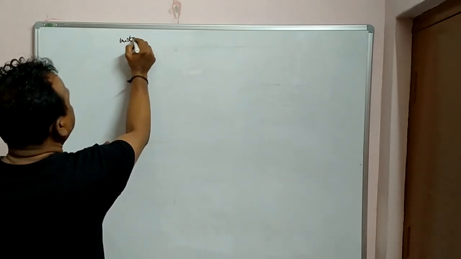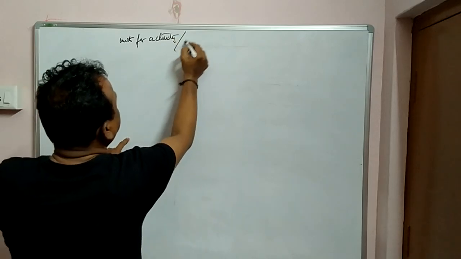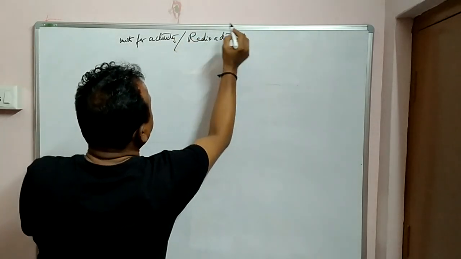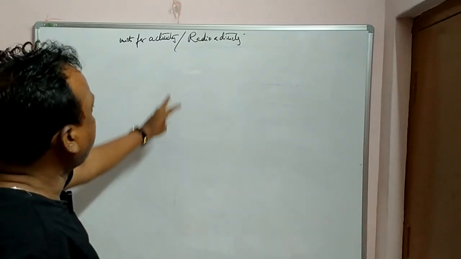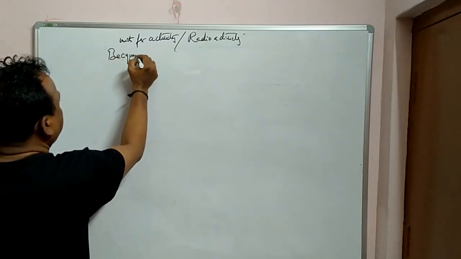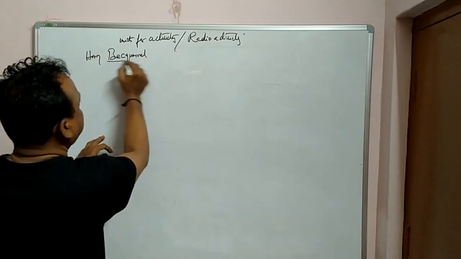Units for activity or radioactivity. Generally, because of the scientist Henry Becquerel, who invented this accidentally, the unit is given on his name.